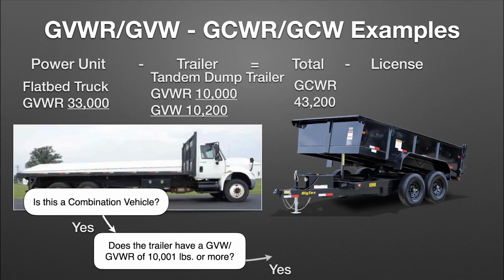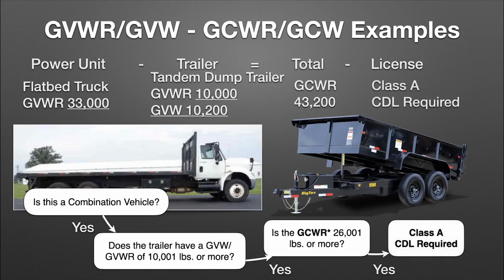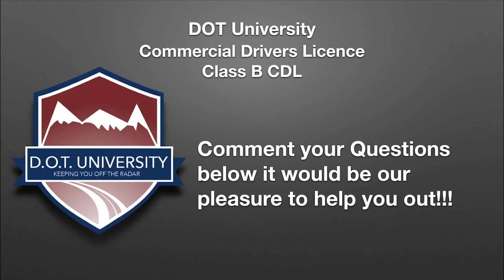So with this one, we answer yes because it is 10,200 pounds, heavier. It goes back now to the overall combination being over 26,000 pounds. Well, absolutely, we're at 43,200 pounds. So this combination would actually require a Class A CDL, which I explain in great detail in my Class A CDL vehicle video. All right, that should sum it up.